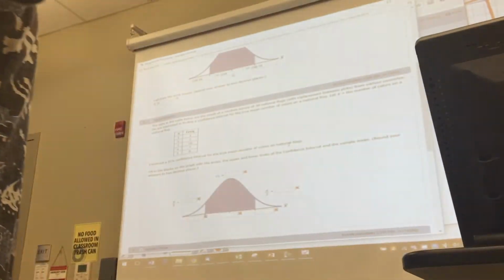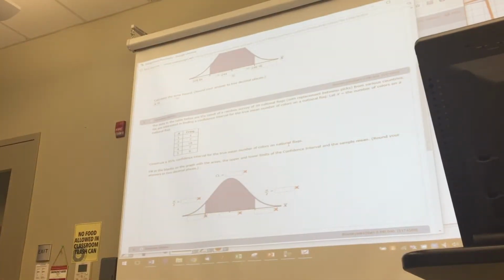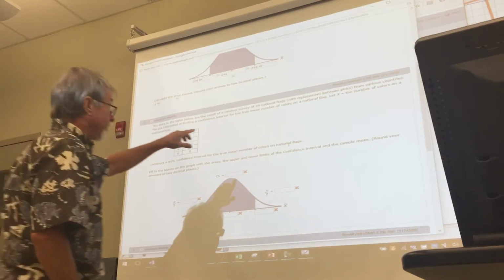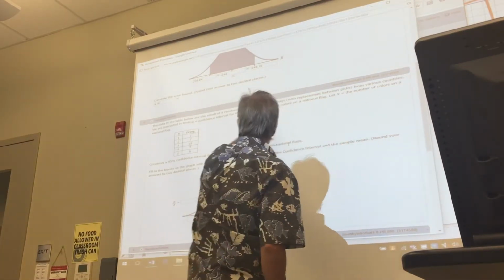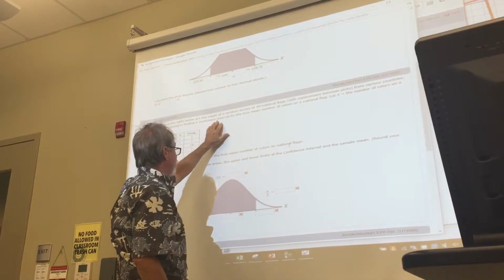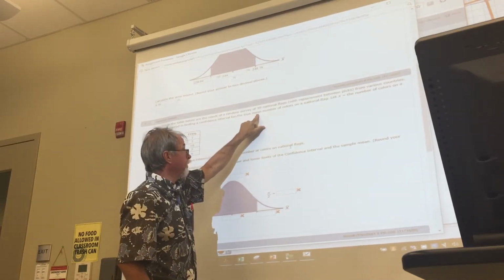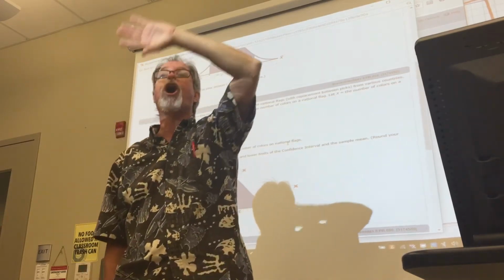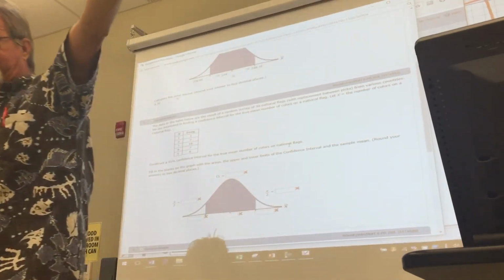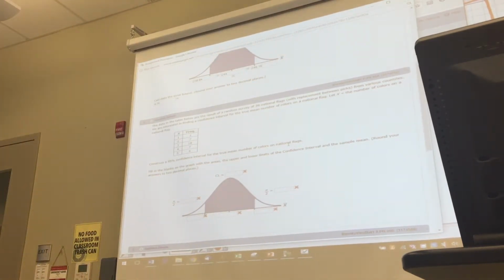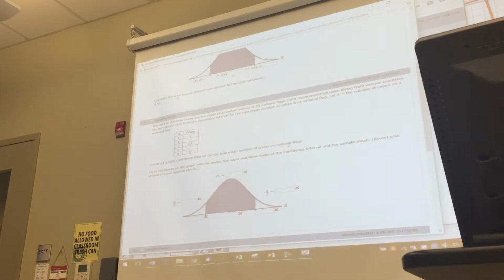And this is where we've got to tie in some things that we did earlier in the class. It says from various countries. We are interested in finding a confidence interval for the mean of the colors of all national flags. So we're trying to find the mean of the population.